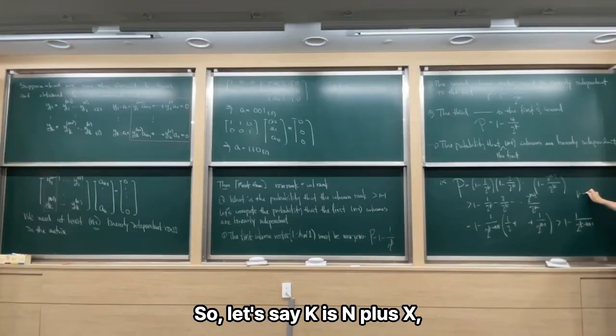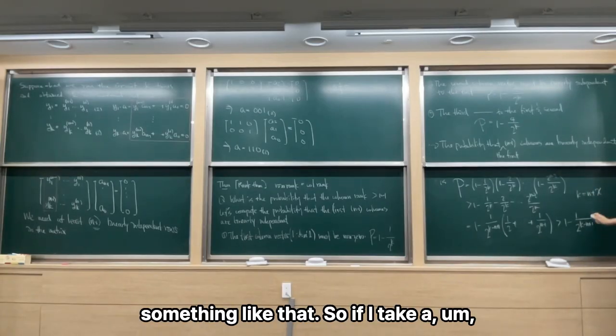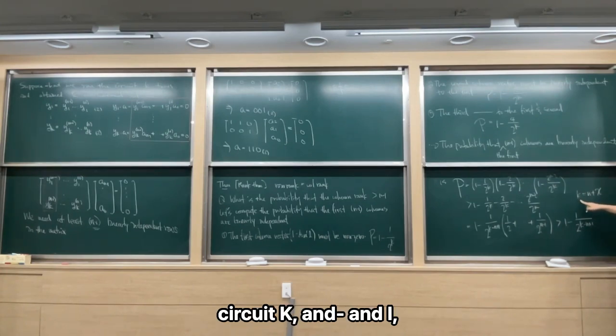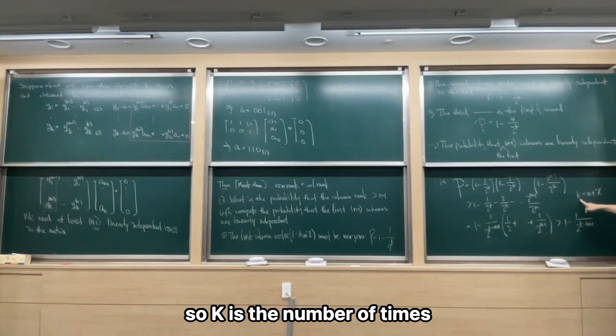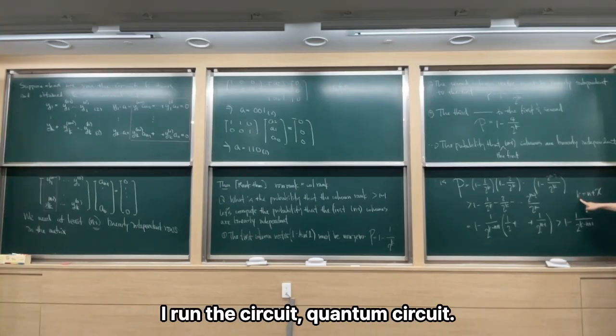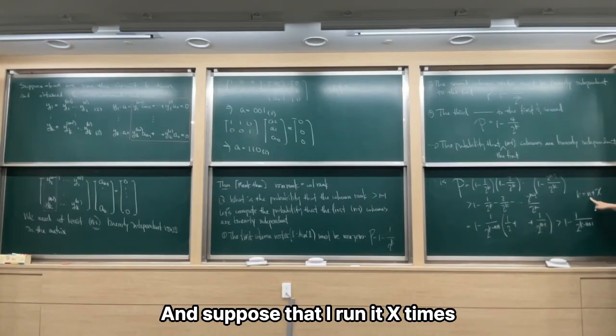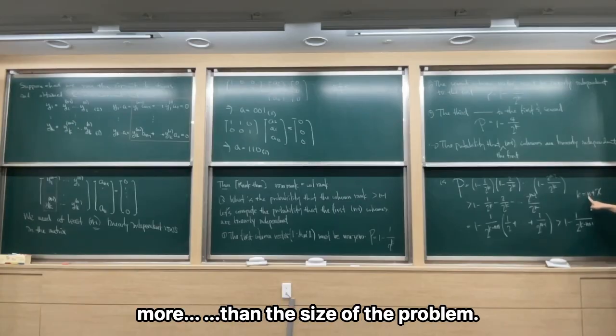So let's say k is n plus x, something like that. k is the number of times I run the quantum circuit. And suppose that I run it x times more than the size of the problem.